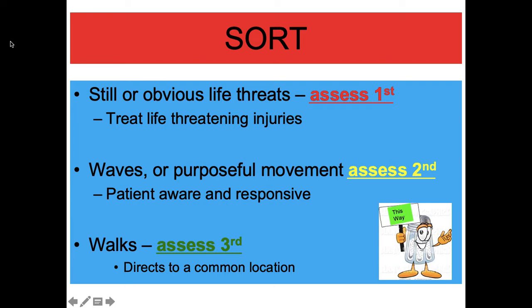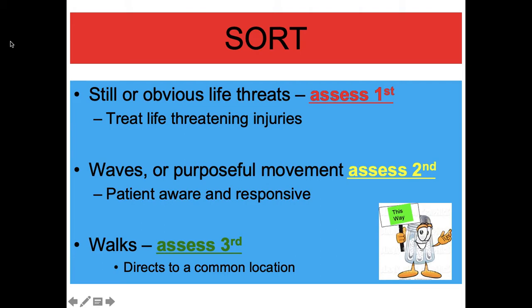Everyone else who doesn't wave or is squirting blood or something, those are the ones you assess first. So you go to the people that are still, they're not moving, they're not responding to your presence, or they have obvious blown off limbs or obvious arterial bleeding, things like that. You go directly to those people first.